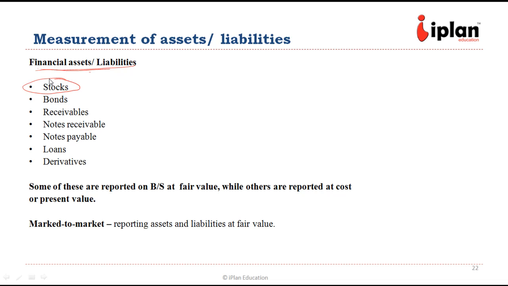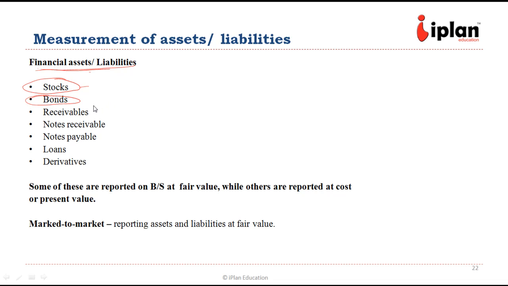Financial assets, liabilities. The stocks could be a financial asset or liability. If the company has issued stocks to raise funds through equity, that will be a financial liability. If the company has made certain investments in some other company through buying equity of that firm, that could be a financial asset.